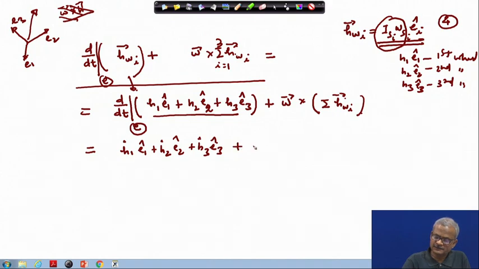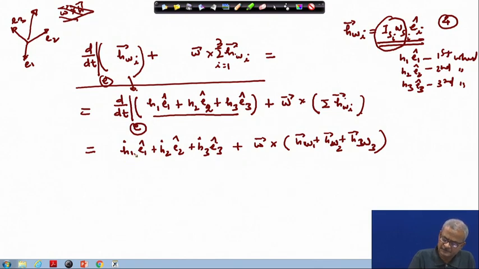So, this quantity plus omega cross this quantity, which is h 1 plus h 2 plus h 3, all these are for wheels. I have missed here, so omega 1, omega 2, this is h wheel 3, all these places h w 1, h w 2, h w 3.